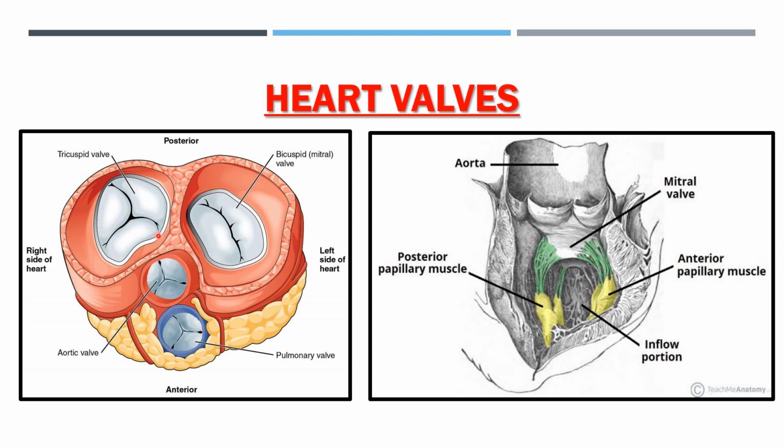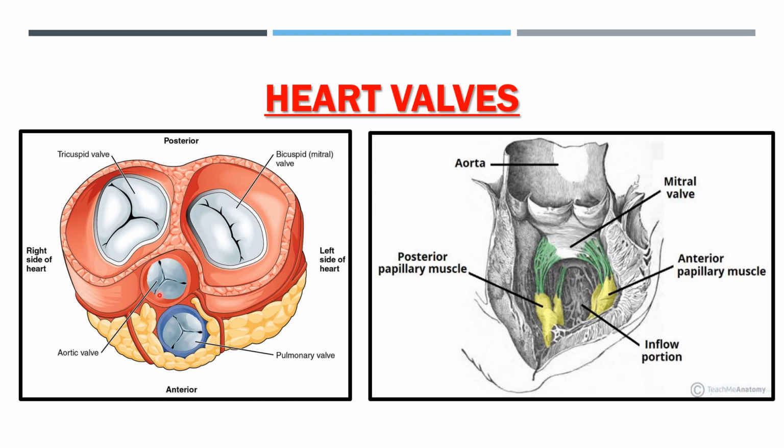The mitral valve is between the left atrium and left ventricle, and the tricuspid valve is between the right atrium and right ventricle. The bicuspid or mitral valve has two cusps and looks like a bishop's mitre. The tricuspid valve has three cusps and is a little bigger than the mitral valve.